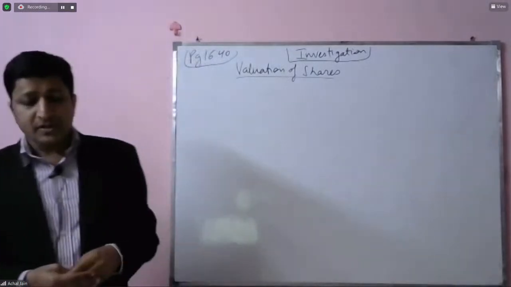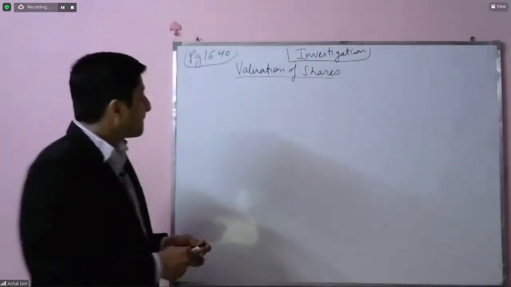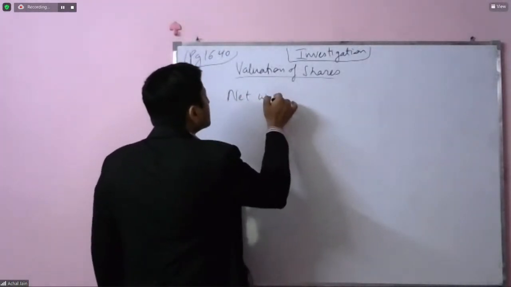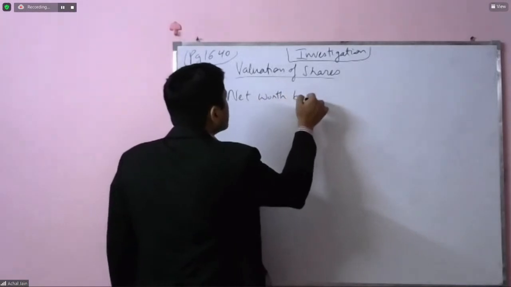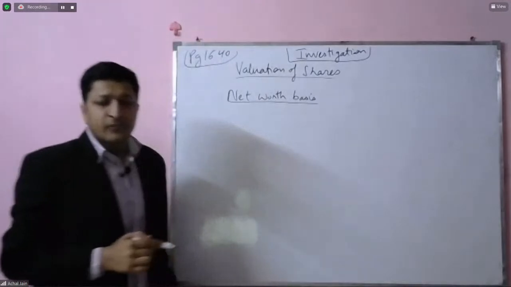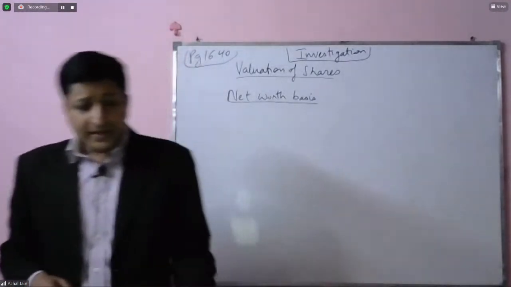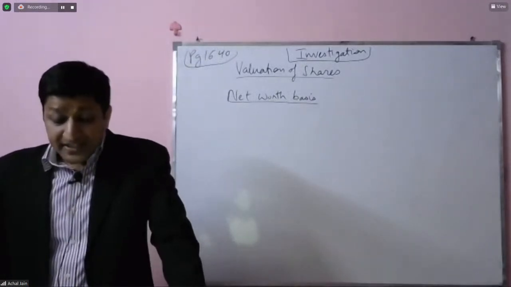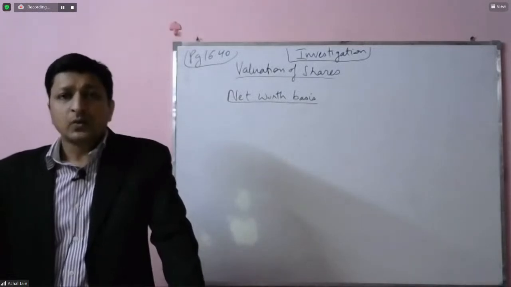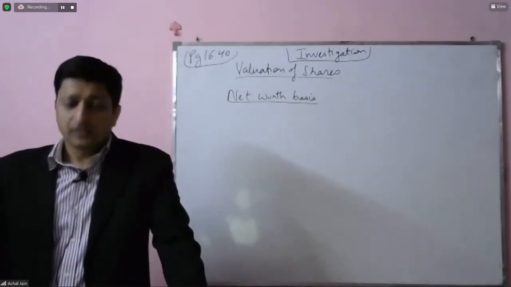First basis happens to be the net worth basis. Net worth basis means that valuation will be computed on the basis of the net worth. In this case, each asset should be revalued taking into account its utility to the business as a going concern.